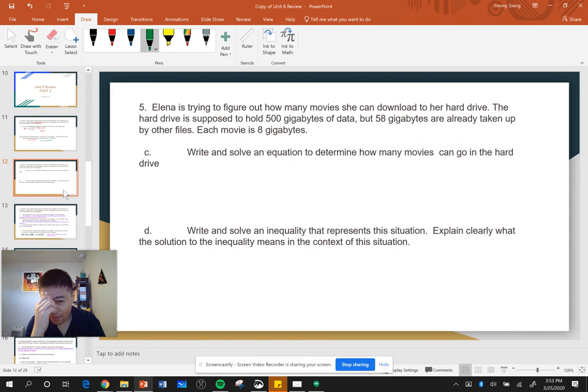Okay, so write and solve an equation to determine how many movies can go in the hard drive. Well, again, I have a total of 500, but I start with 58 plus 8 times x number of movies. That's equal to 500, okay, class? So we got to write and solve the equation. This says how many movies exactly could fit into this hard drive when the total is 500?